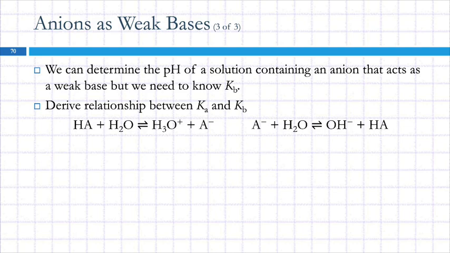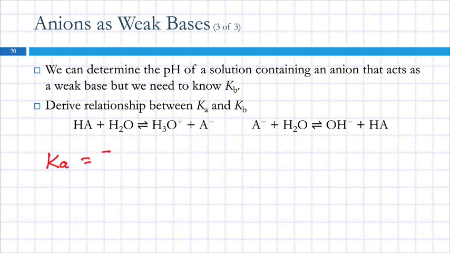So anions can be weak bases, right? We can determine the pH of the solution that acts as a weak base, but we need to know what Kb is for it. So we can derive the relationship between Ka and Kb. Here we have the chemical equation describing the ionization of the acid. That's what we use for Ka.